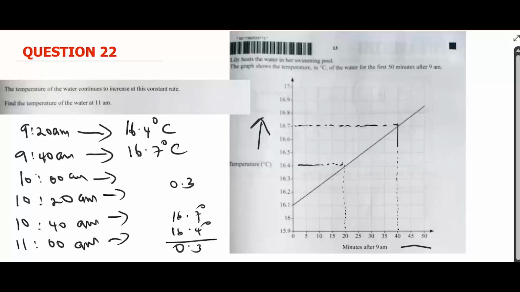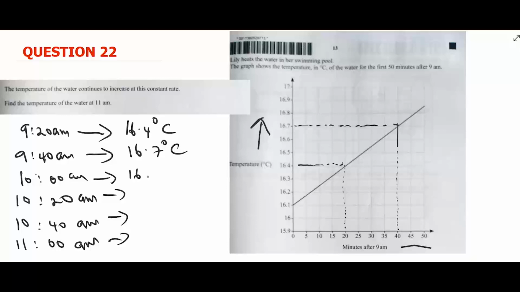Okay, so the difference is 0.3 degrees Celsius after each 20 minutes. So if you add 0.3 to this one, it will be 16.7 plus 0.3. If you add this, you have 0, keep 1, that's 17.0. So you're going to have 17.0 degrees Celsius here.